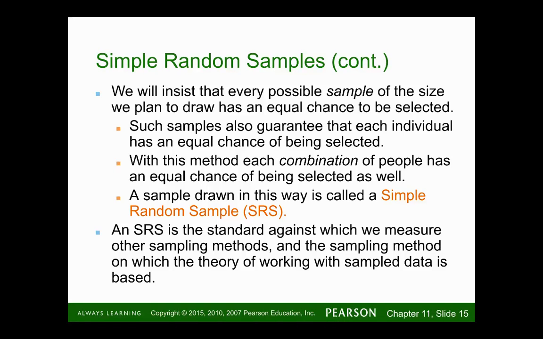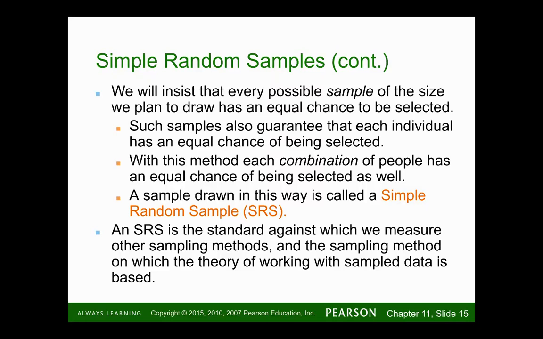So we can do a random sample, but sometimes they do a sample that is not as random and try to be representative of everybody, okay? Such samples also guarantee that each individual has an equal chance of being selected. Well, that's something you want to consider for total randomness, all right?